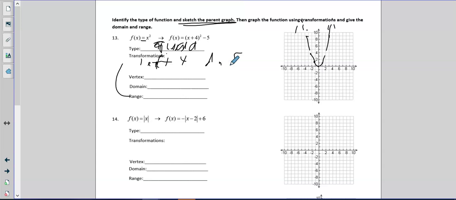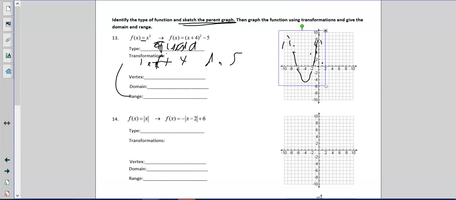So all that means is this entire parabola is just going to move left 4 and down 5. Like so. You can take each point and just move it left 4 down 5. You can type this in the graphing calculator and just get your points and plot them.